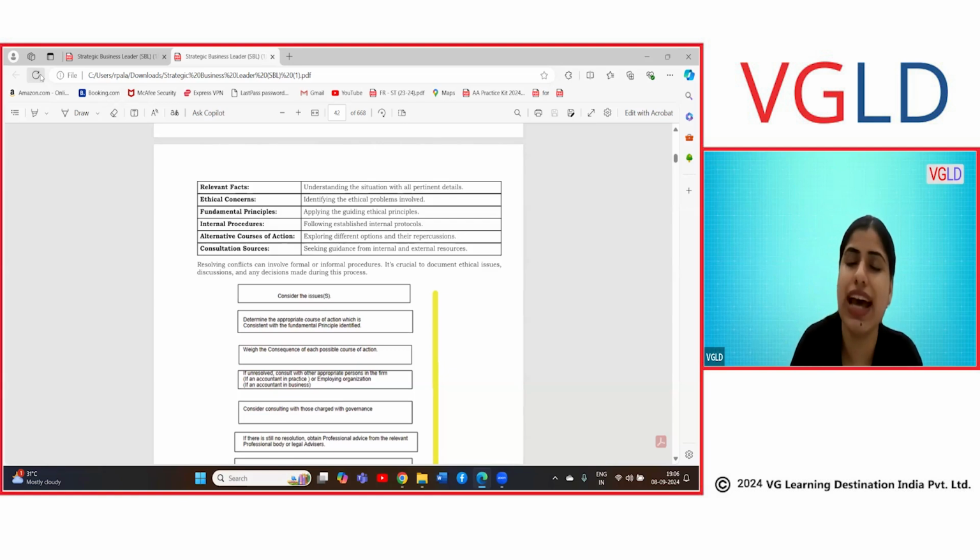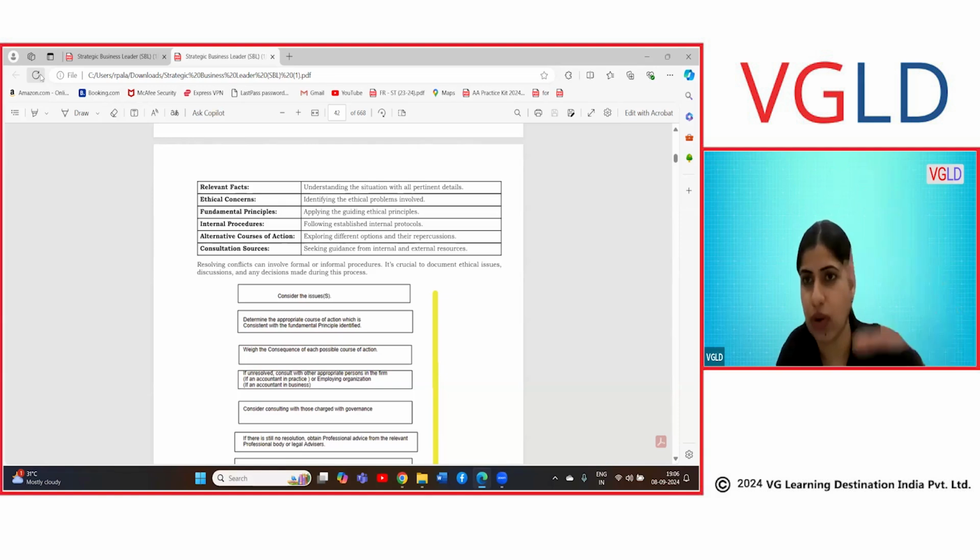Then you will be checking certain things, and it is not important to follow the order; it's not a theoretical paper of cramming and writing. It's just an idea. You will be checking internal documents and internal control related areas. Most of you are auditors and chartered accountants, so you must be aware of this. You also need to check what your responsibility is when working with that specific client.